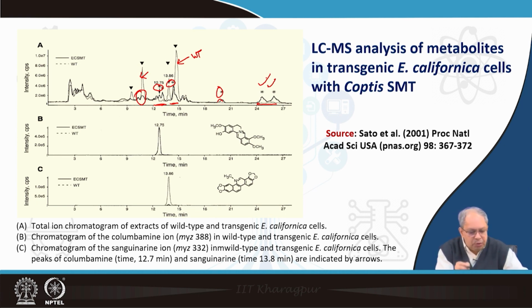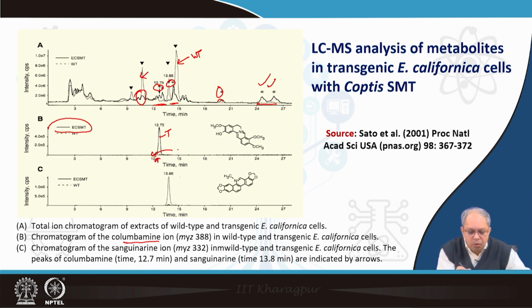Now, if you see these two, the one in the middle, B, which is basically the columbamine. So, columbamine, as I said, the columbamine content has enhanced, because the solid line is particularly the transformed, and this one minor one, this is the control.